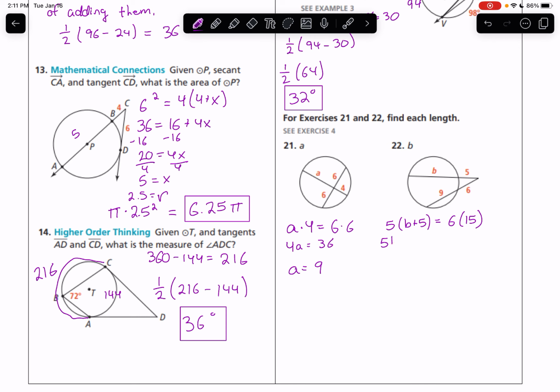So we get 5b plus 25 equals 90. Solve that.